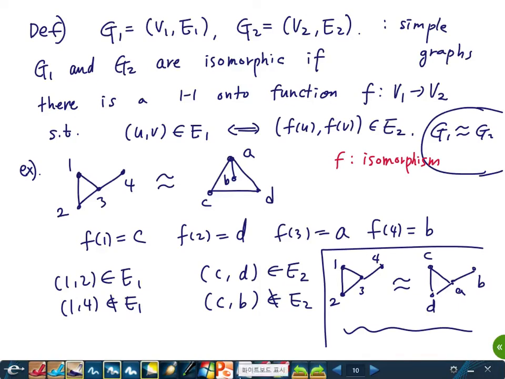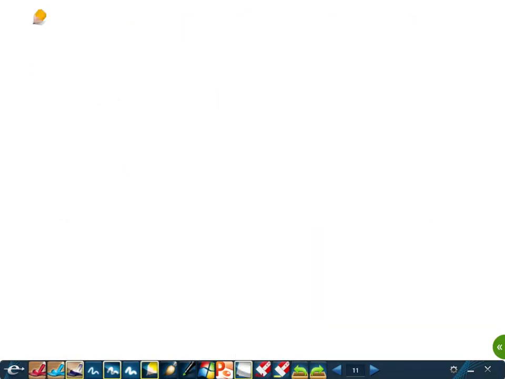Or if you use the adjacency matrix, then you can see the following theorem immediately.